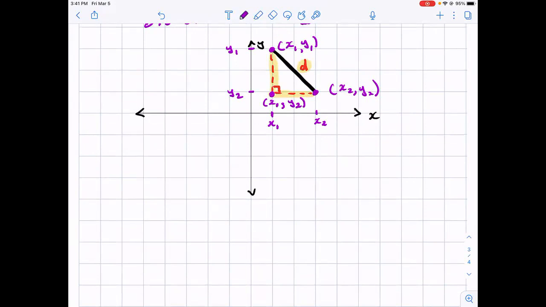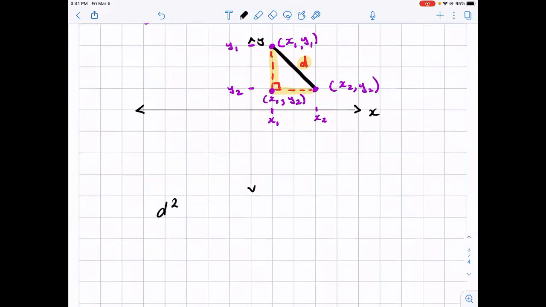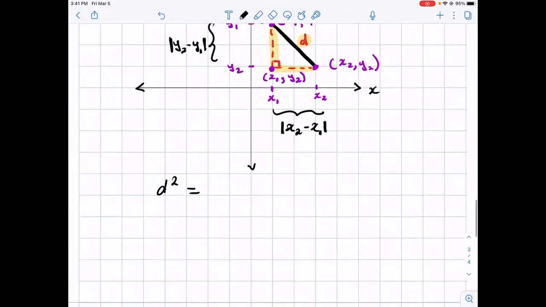So d squared is equal to, since we're speaking of the distance, this distance here will be the absolute value of x2 minus x1, and this distance here will be the absolute value of y2 minus y1, because we're speaking of distance.